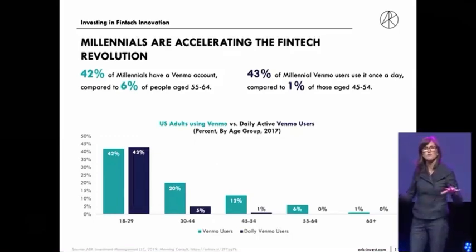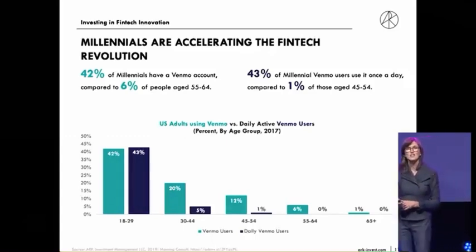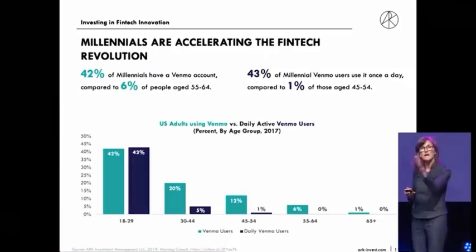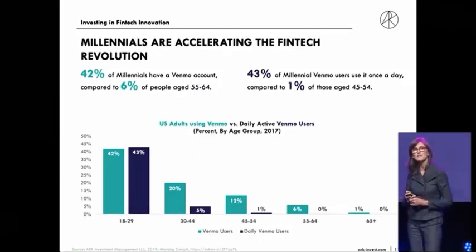There are some privacy settings, but most people are able to see who paid me back and who didn't, and there's a little bit of peer pressure there. 40% plus use Venmo more than once per day. Now that's the millennials. You can see other age groups are beginning to catch on, but they're way behind.